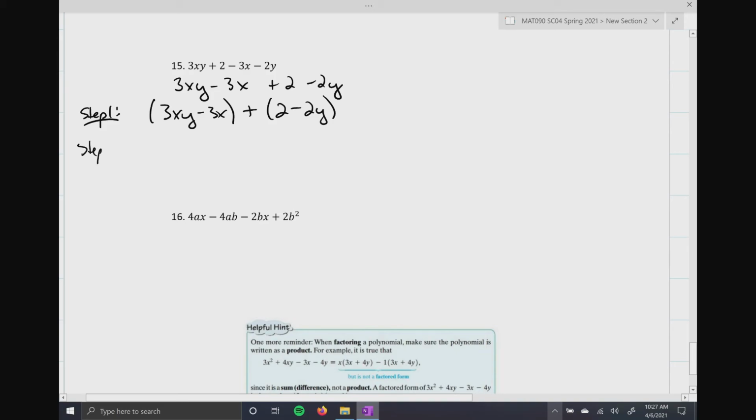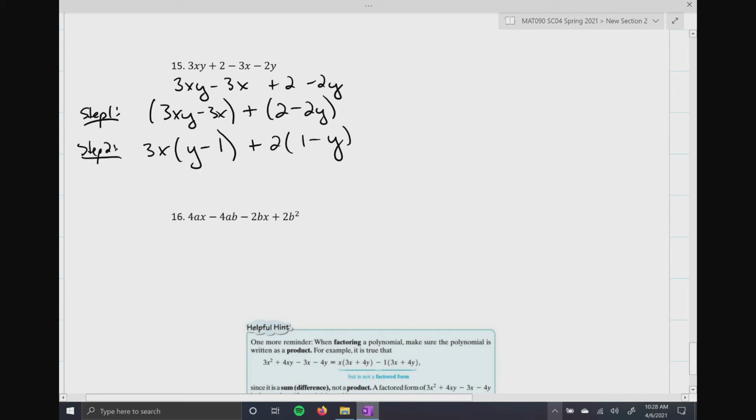Step 2, let's factor out the 3x. Okay. Oops. In the second set of parentheses, I can factor out a 2. Wow, look how close that is. Can anybody see it? Look how close that is.